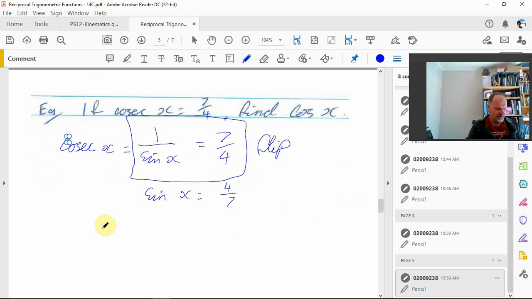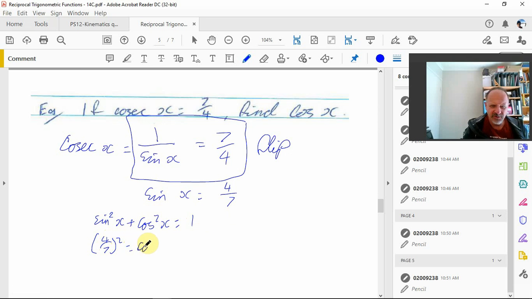So we can again use our Pythagorean. Sine squared x, let me just change the way I'm writing things, let's put that 2 up there a bit more. Sine squared x plus cos squared x is equal to 1. So 4/7 squared plus cos squared is 1.